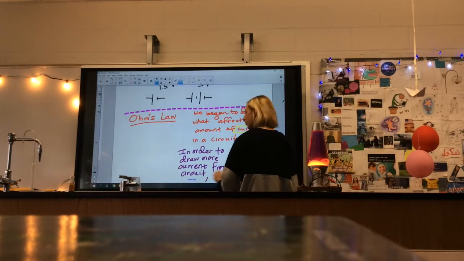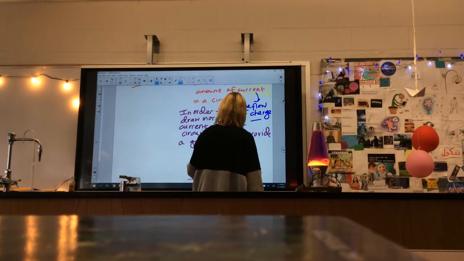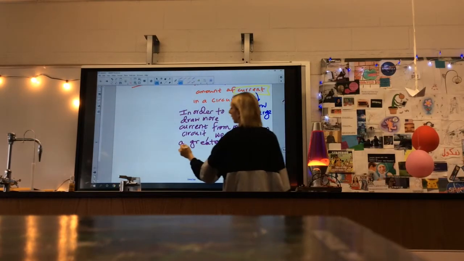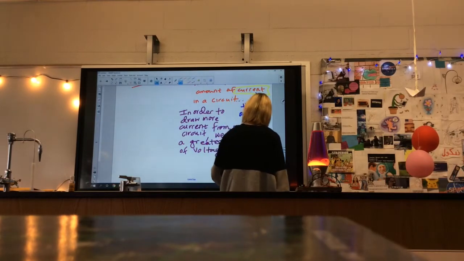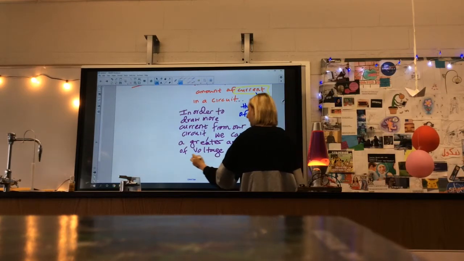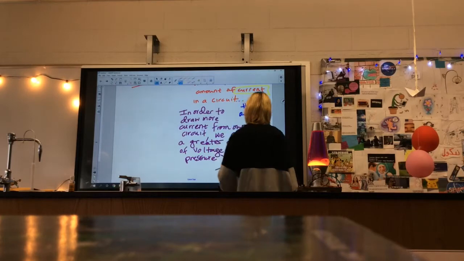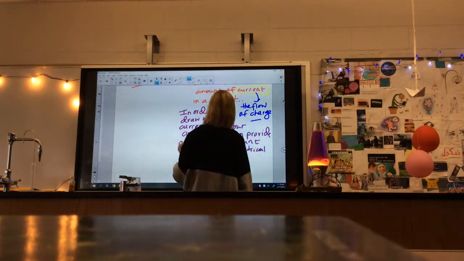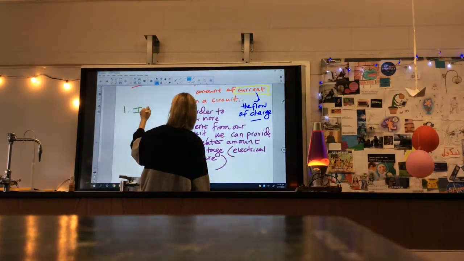Someone had mentioned this in class, a greater amount of voltage. And this is logical because voltage is electrical pressure. So one of the things we can do is increase the voltage. So in summary, 1, increase voltage.